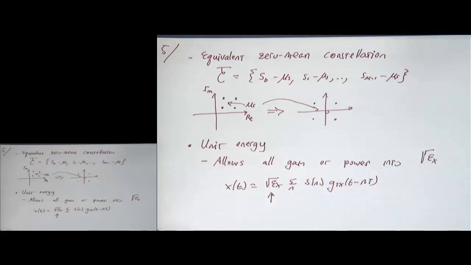There are other reasons to do that too. One is that when we actually create this signal, we're going to find that all the gain is really added in the analog. It's not added in the digital. So we're going to have a digital to analog converter that outputs a maximum value of, say, plus minus 1 volt or plus minus 5 volts. And all the gain is going to be added in amplifiers in there.